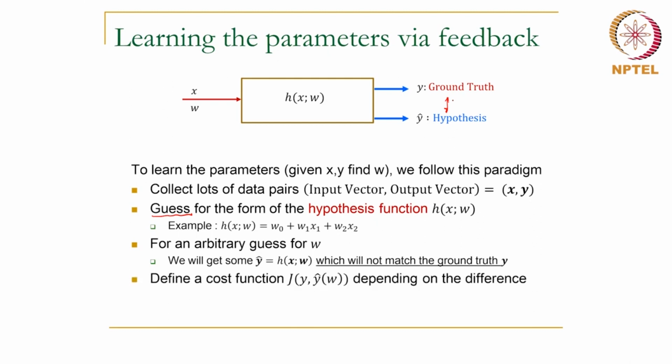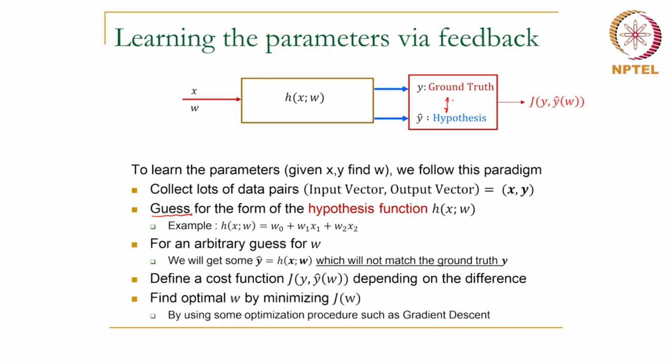What we do is we define a cost function. It is the same as the objective function that we saw so far. We say if y and y hat are not the same, give me a cost. Typically, we use least square. Now, what we do is we specify this problem as an optimization problem. We say find an optimal w which will minimize this cost, for all the examples that I have given so far. So this is very much like the least square problem.